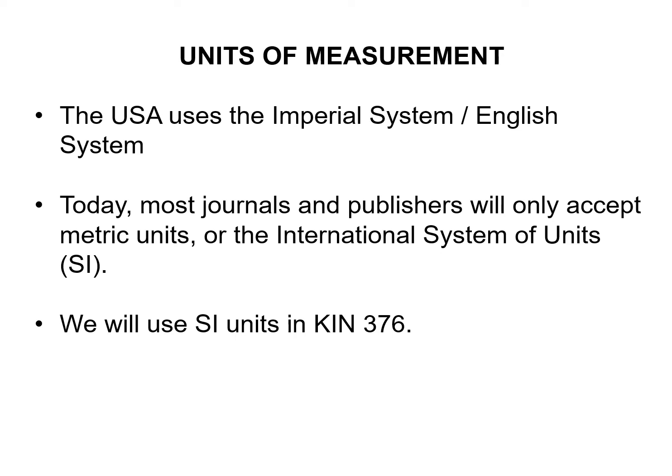Metric is a unit of measure that makes sense. When I say makes sense, everything is either divisible or a multiple of 10, with the exception, I guess, of temperature. We know that there's 1,000 meters in a kilometer. There are 10 millimeters in a centimeter, and 100 centimeters in a meter.